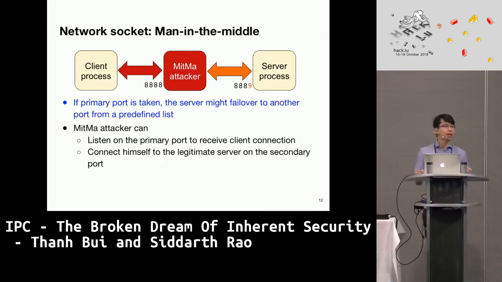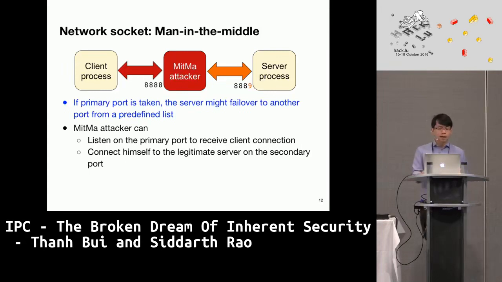Switching to another port does make sense here. This, however, gives an advantage to the attacker, because after doing the server impersonation, the mid-malware attacker just needs to connect to the benign server on the secondary port, and perform the client impersonation attack, and then we have the man in the middle.